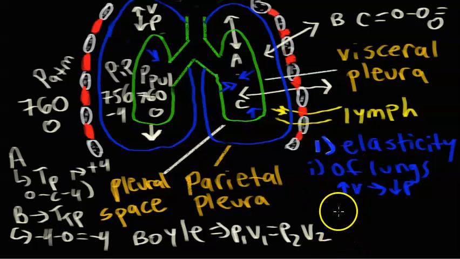The second one is something called surface tension. This has to do with the air-water interface, which we'll talk about in another video. But again, this is trying to collapse the lungs. It has this inward force. And therefore, again, it's trying to reduce the pressure, increase the volume and decrease the intrapleural pressure.